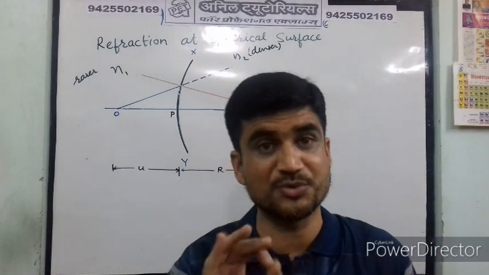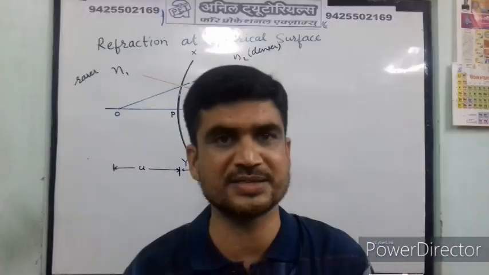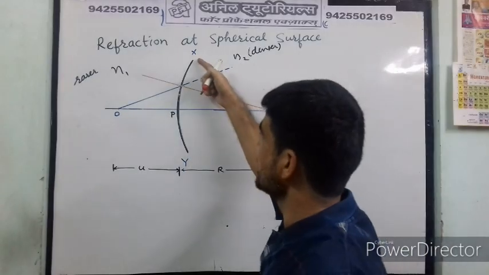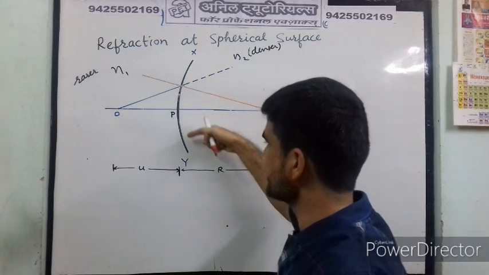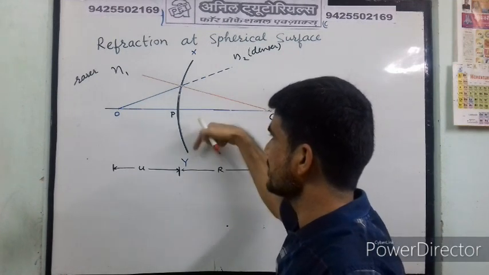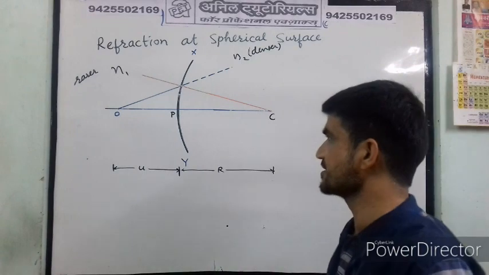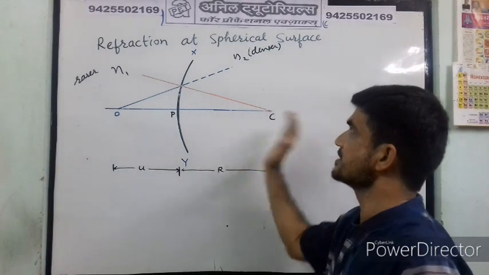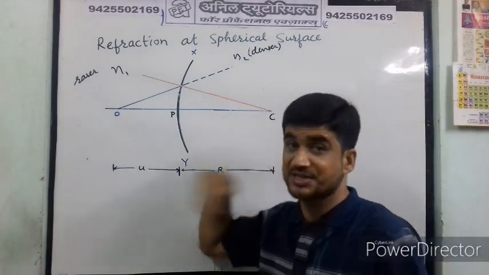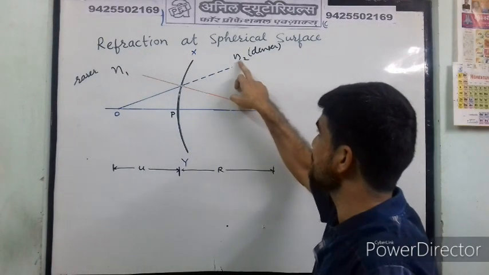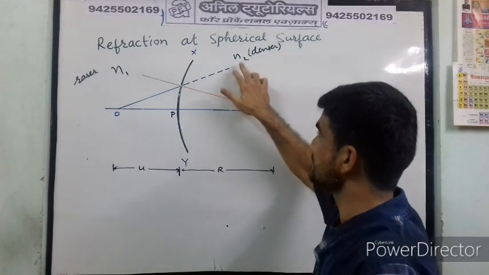It's one of the most important formulas for the board exams of 12th class. We have a convex surface XY. This is a section view of this convex surface. Here is a denser medium whose refractive index with respect to air is n2, you can say mu2 also.